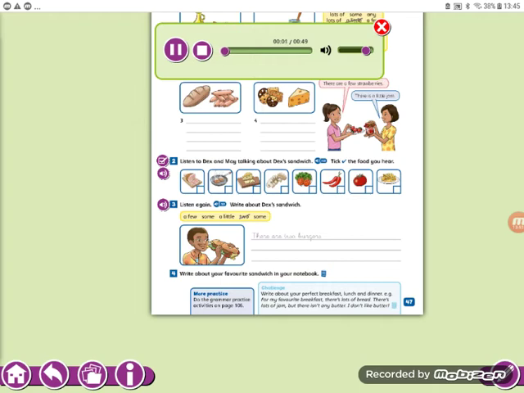Listening 53. Listen to Dex and May talking about Dex's sandwich. Tick the food you hear. I've got the tastiest sandwich in the world. The tastiest sandwich in the world? What's in it? Well, there are 2 burgers. 2 burgers?